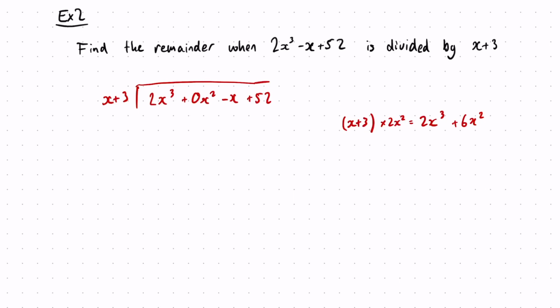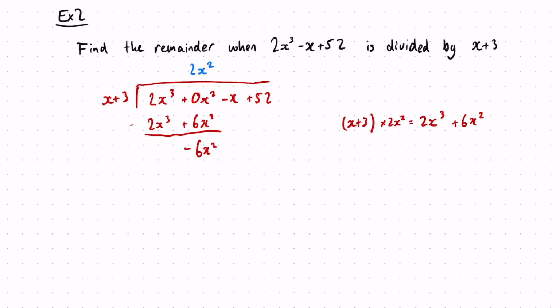Well, from the 0 anyway. So putting your 2x cubed plus 6x squared underneath, take it away, you end up with 0x cubed minus 6x squared. Put at the top what you multiplied your x plus 3 by, that is 2x squared.